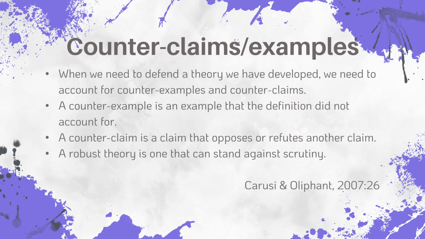So you see counterexamples, counterclaims, things that are against it. Now, something being against it is a good thing, because then you can sit there and try and think of how this theory responds to these arguments against it. Will it be able to? And basically, a robust theory is one that can handle this kind of scrutiny. It's one that can handle it.